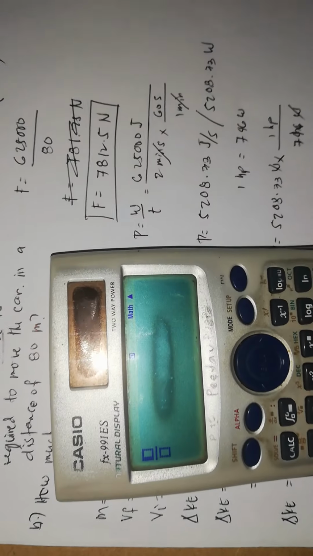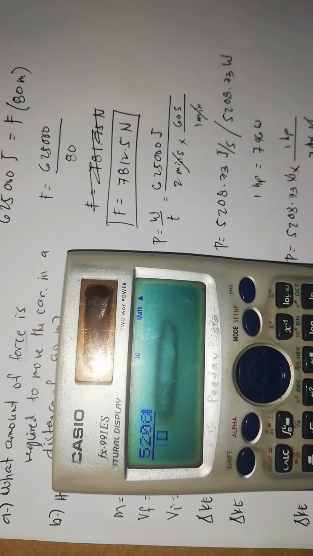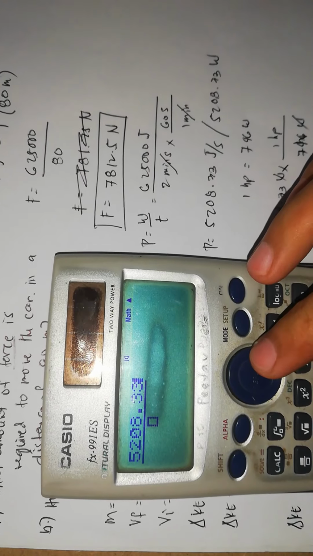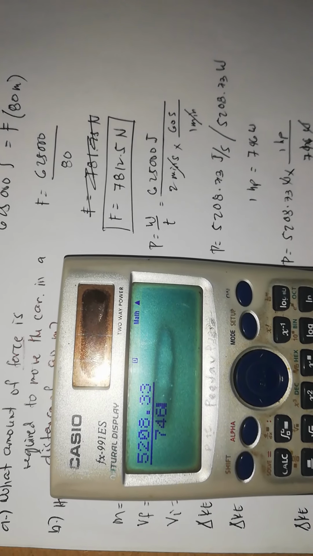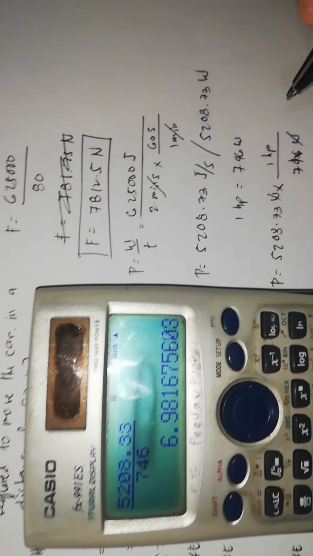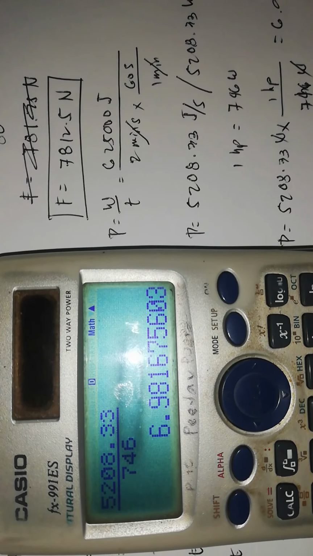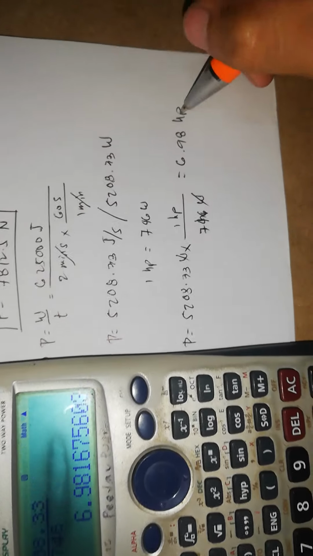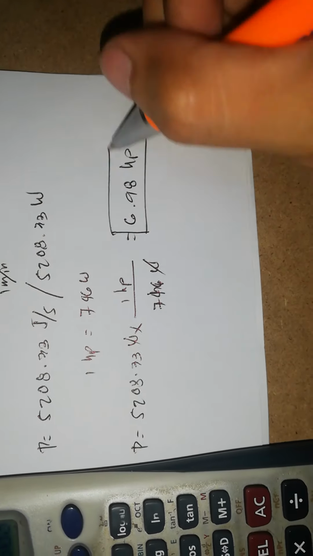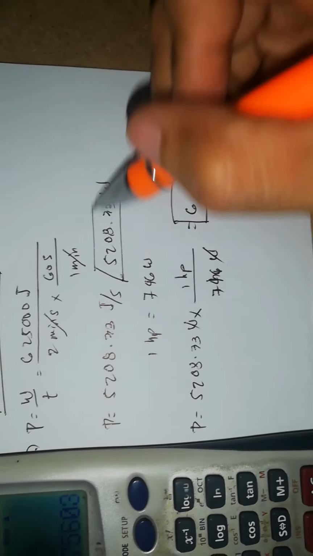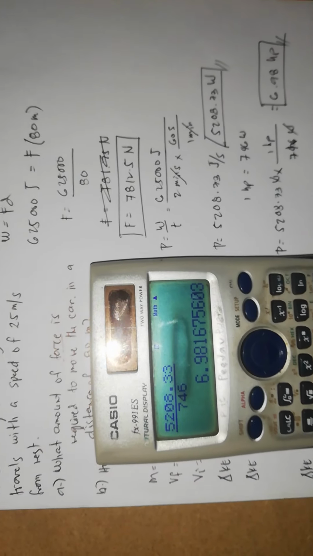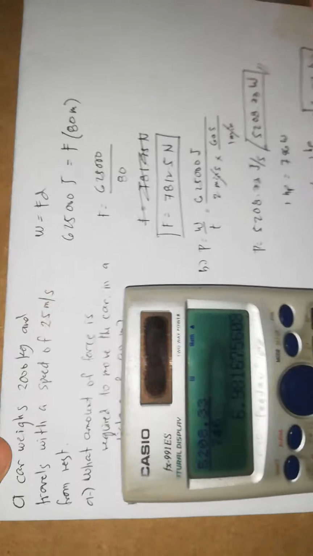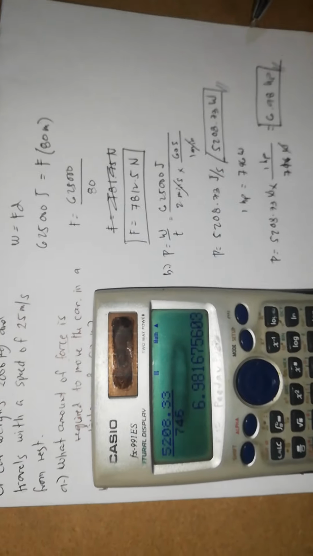So meron tayong 5,208.33 divided by 746. So meron tayong 6.98 horsepower. Okay? Since wala namang sinabi kung anong unit ng power ang gagamitin, so any of the two will do.